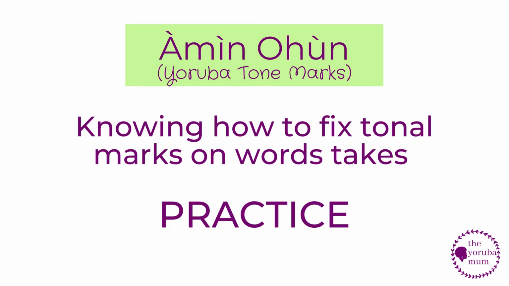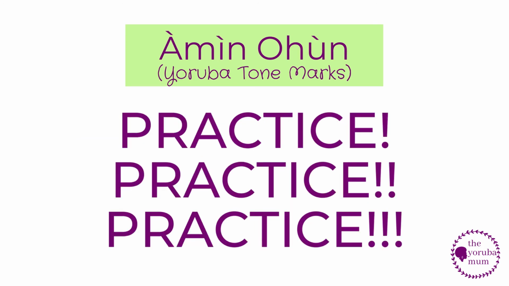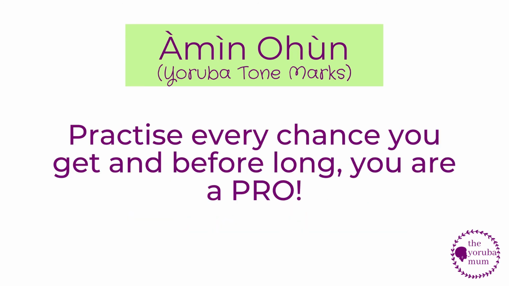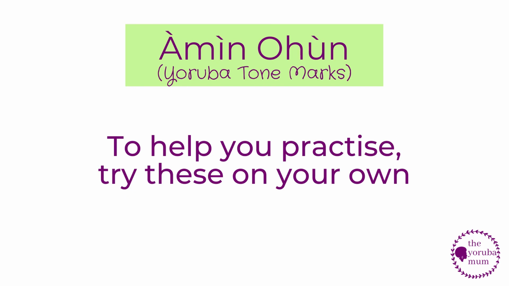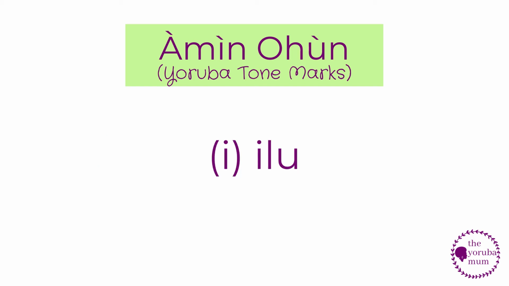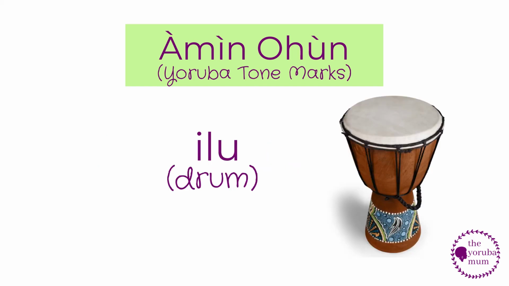Well, as with everything else in life, knowing how to put tonal marks on words takes practice. Practice every chance you get, and before you know it, you will have become a pro at fixing them. To help us in further learning how to do these things on our own, I'll give us two words to work with. Ilu. Ilu means drum.